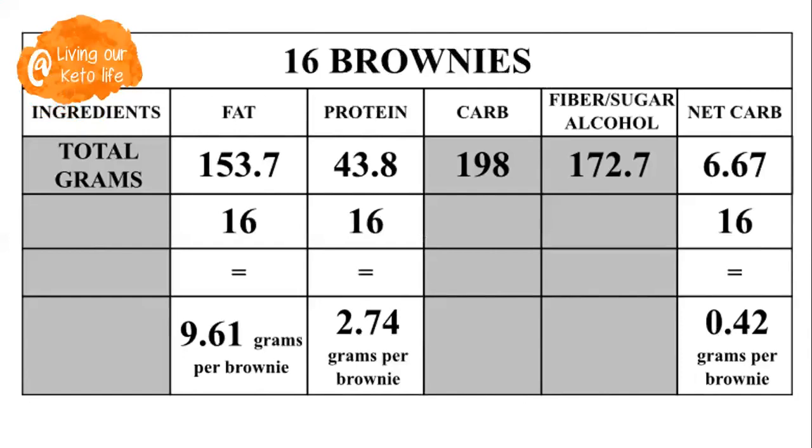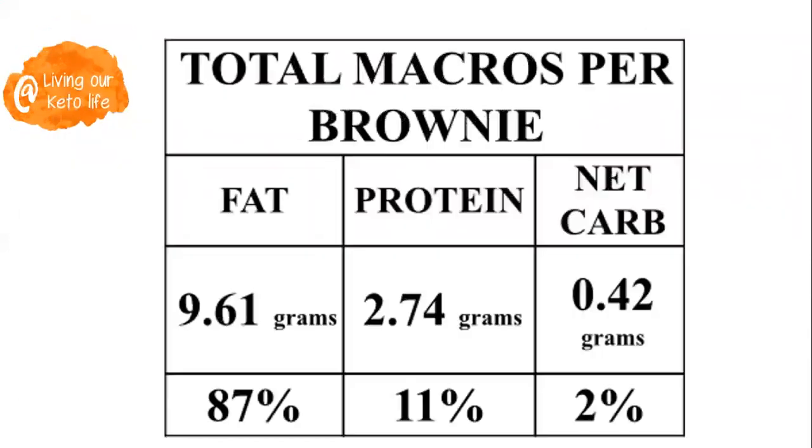So hopefully that makes sense. When people have the macros, and in my cookbook, Make It Keto, when I have the macros in there, it's based off of the amount that it makes. So if the macros are, hey, you're going to get this many grams, and then you eat 3 of them, you need to multiply what you've eaten by 3 to get the actual grams of where you're at.